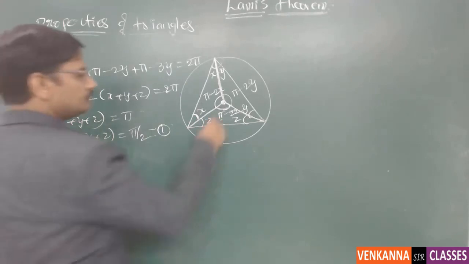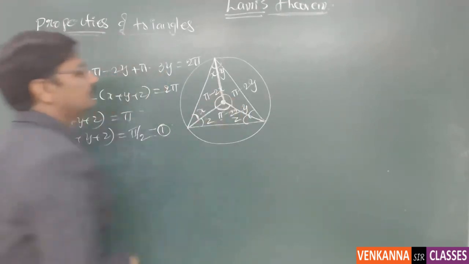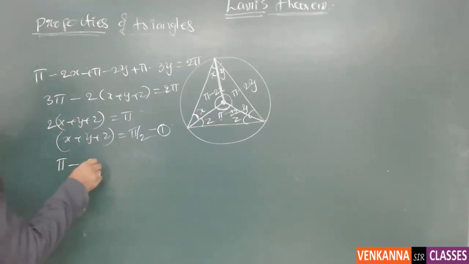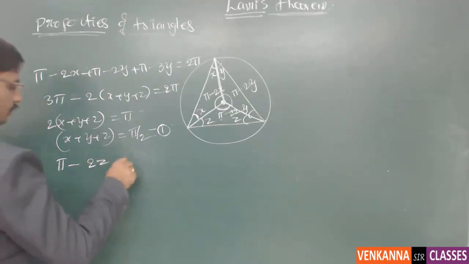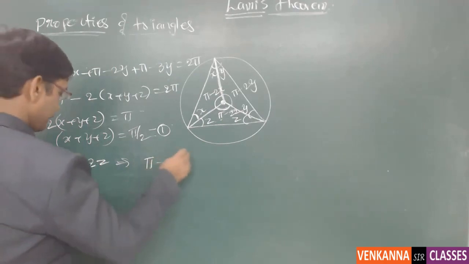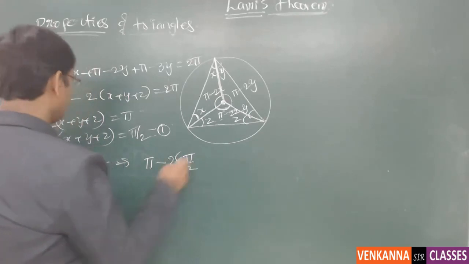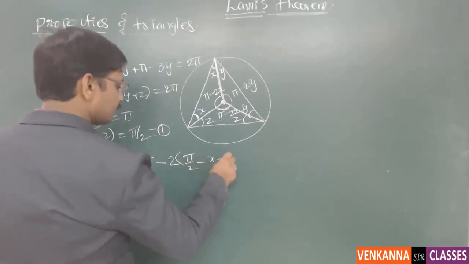Now, we want to calculate this value. This value is nothing but pi minus 2z. Pi minus 2z you can calculate as pi minus 2 times z, where z is pi by 2 minus x minus y.